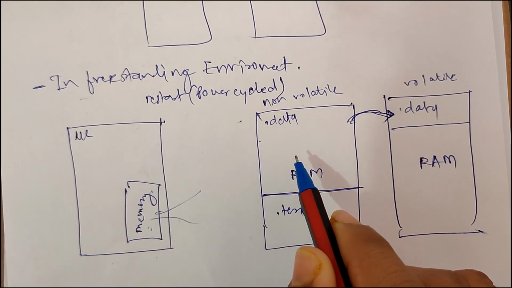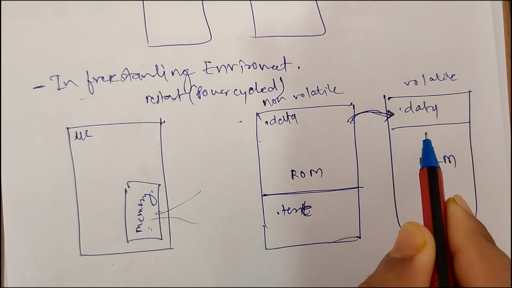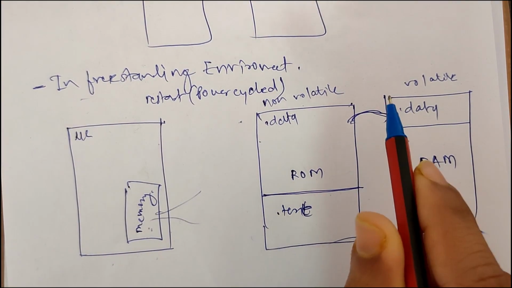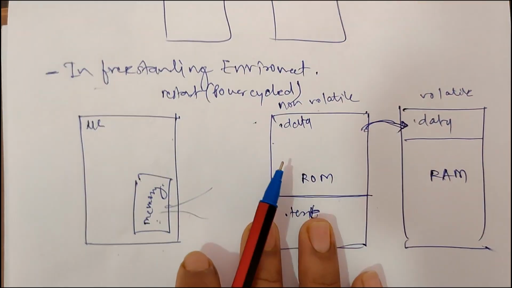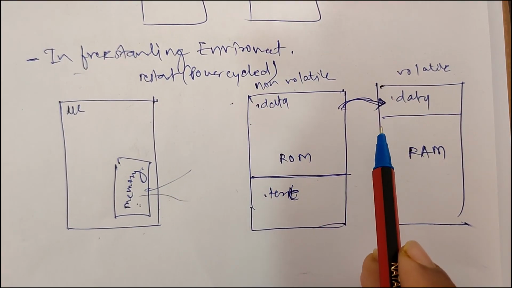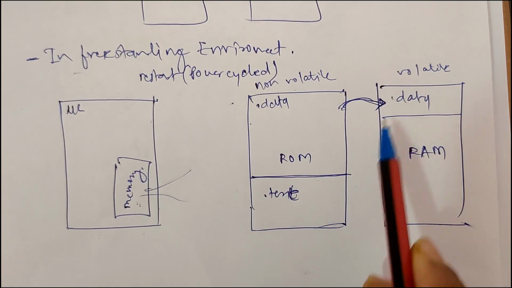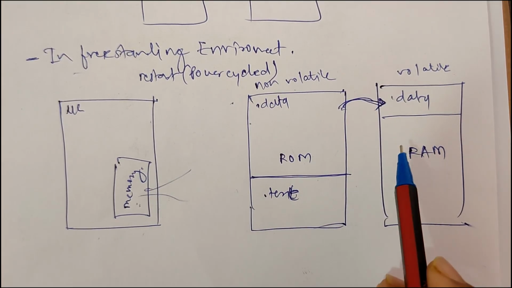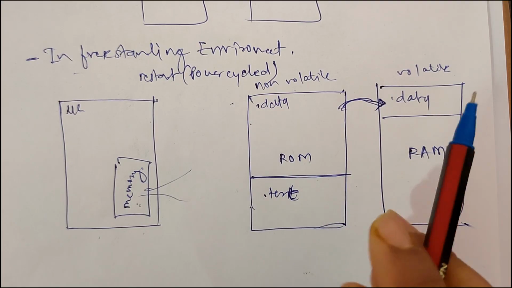But in the code, when you are modifying the value of x, which is 10, use the address of x from the RAM section. We will see this in a broader way.